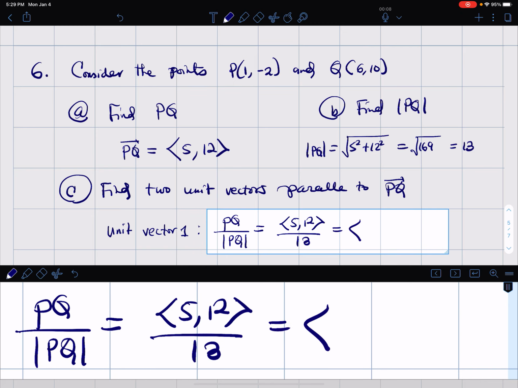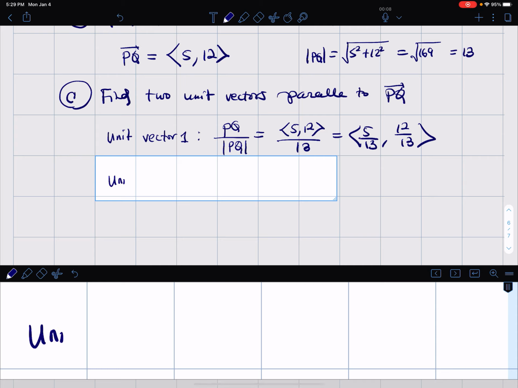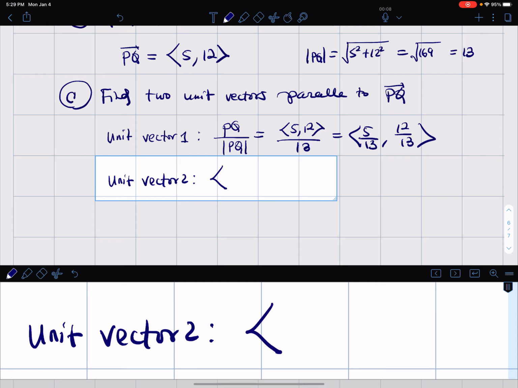So it's just going to be 5 over 13, 12 over 13. And then unit vector 2 is just going to be the negative of the other vector: -5 over 13, -12 over 13.